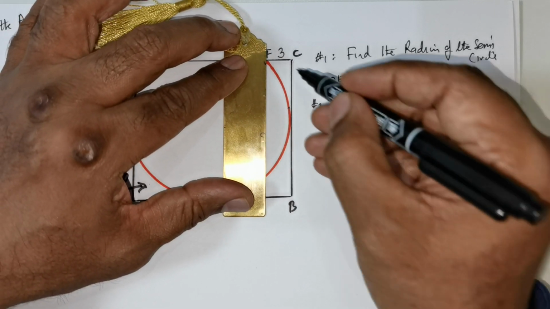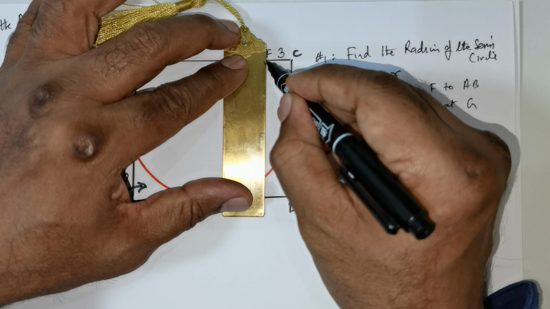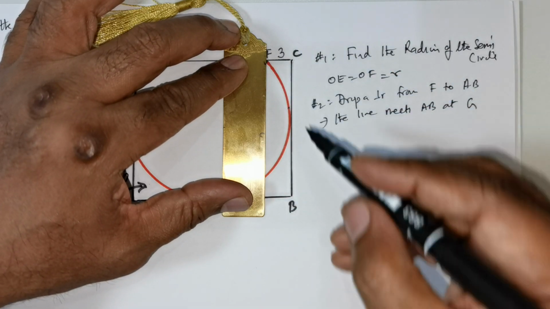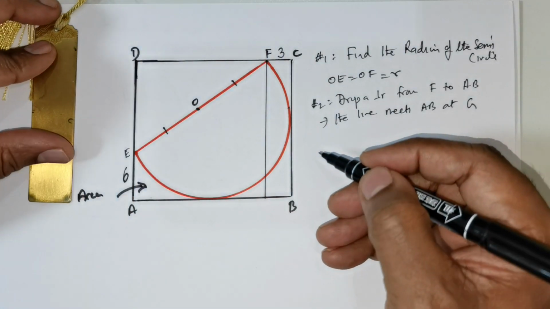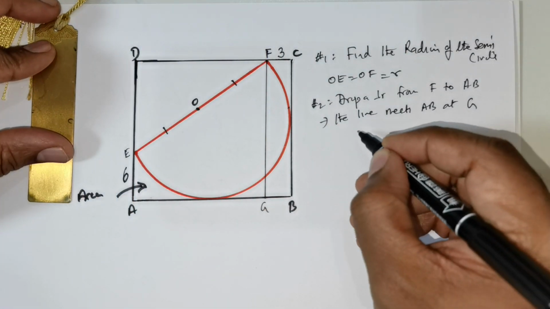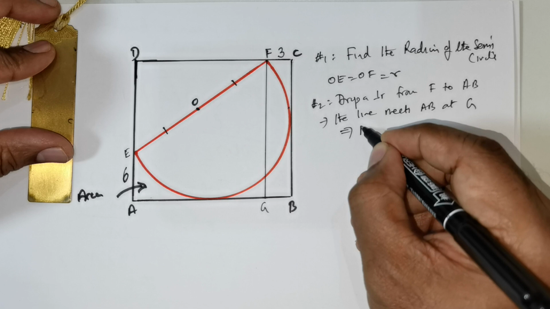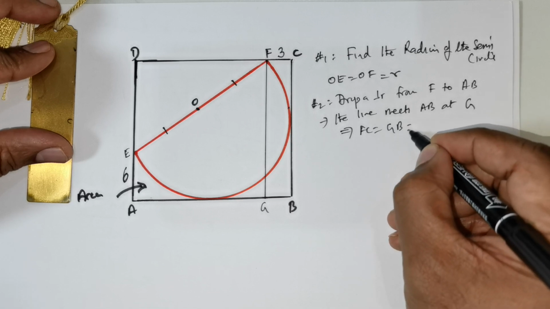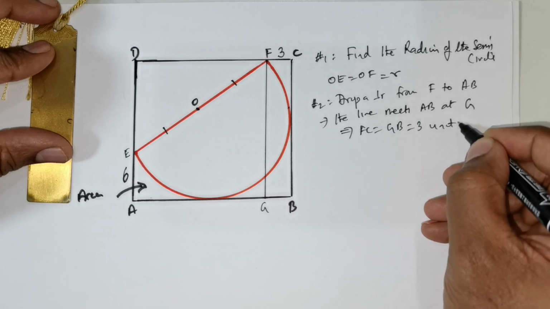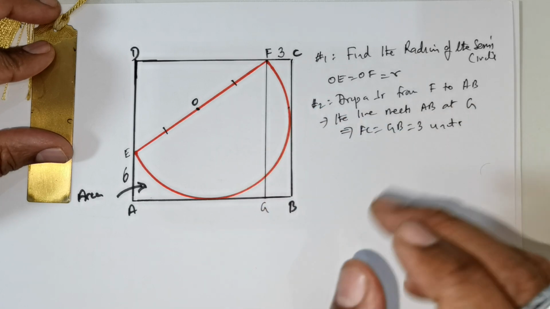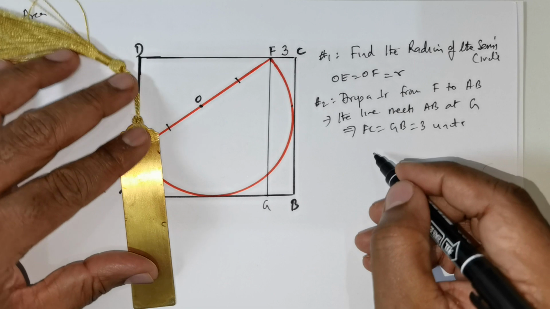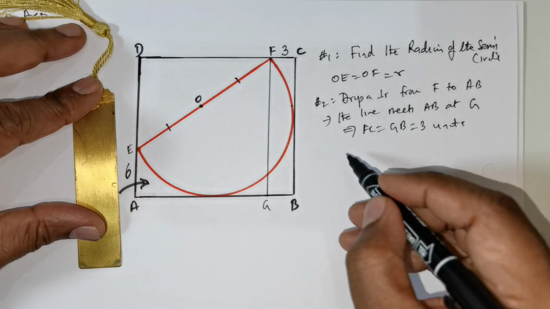So exactly from here I am dropping a perpendicular, right? So this point is G. So this means FC is equal to GB is equal to 3 units. So this strip is 3 units. Okay, fair enough.